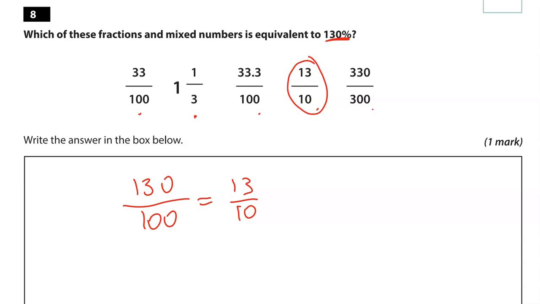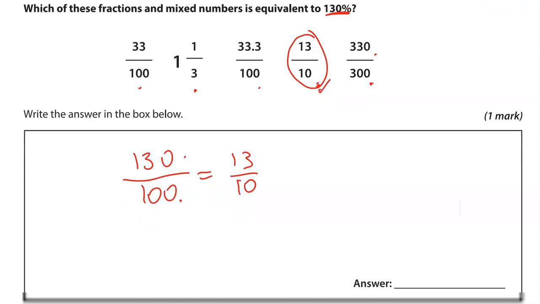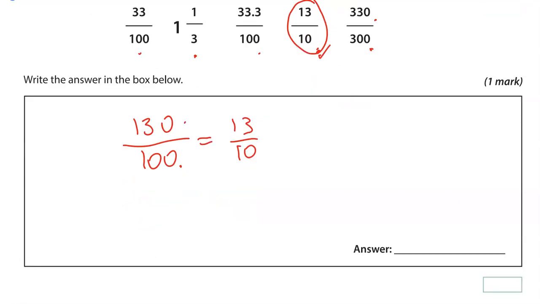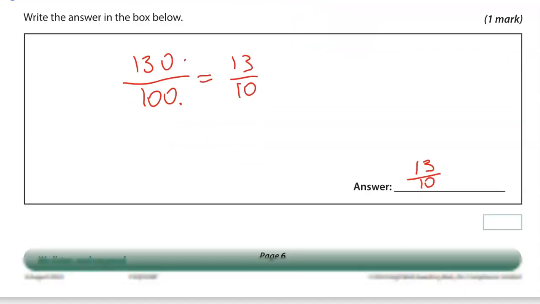That is not the one we're after, because if we multiply 100 by 3 to get 300, we need to multiply 130 by 3 as well, which is going to be 390, not 330. So this is the only correct option. 13/10.